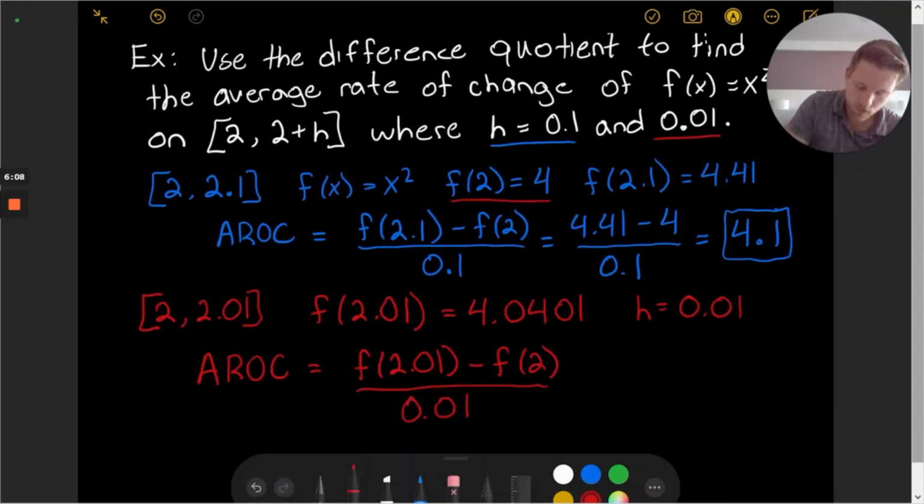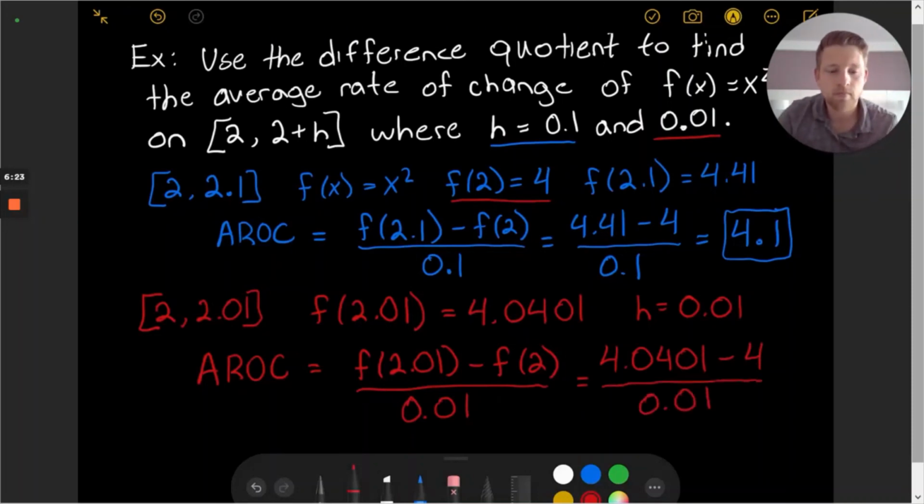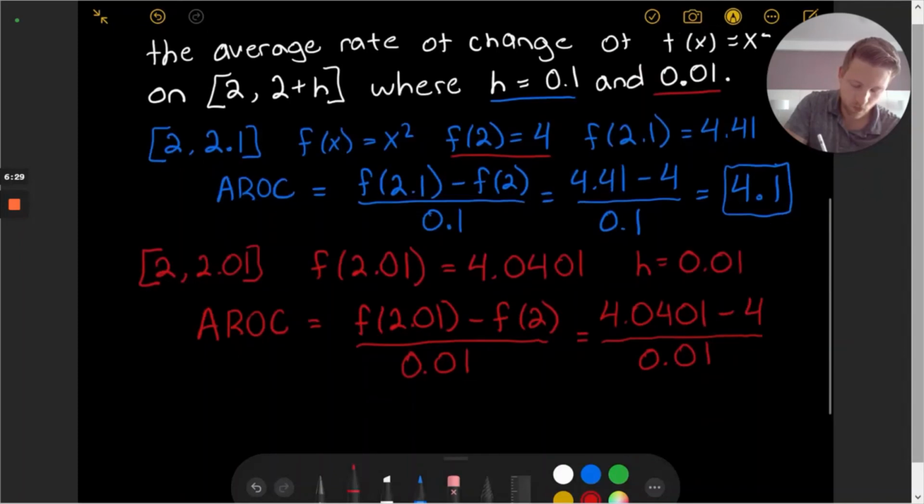So to finish this up, we know our functional values. And if we put this into our calculator and make this calculation, we'll find that this average rate of change over this interval will be 4.01.